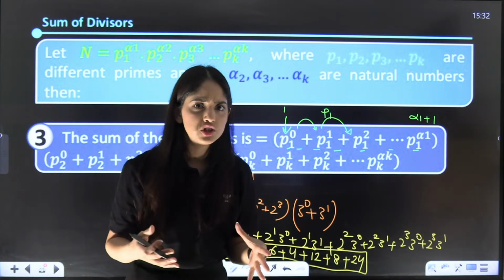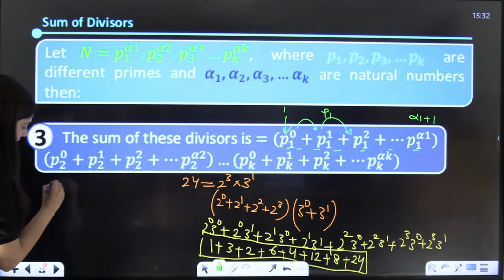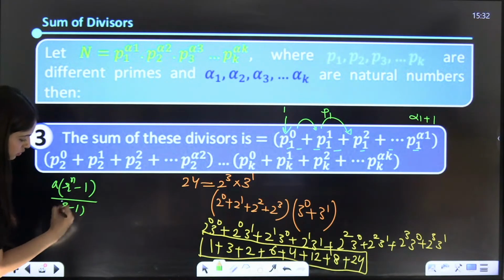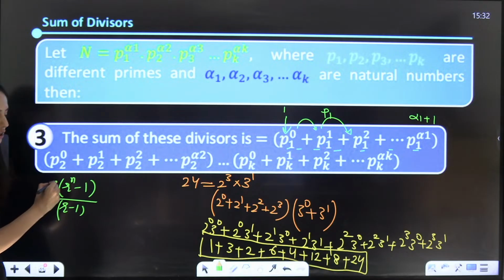So what is the sum of a GP? a times (r raised to power n minus 1) divided by (r minus 1), right, where a is the first term, r is the common ratio, n is the total number of terms.